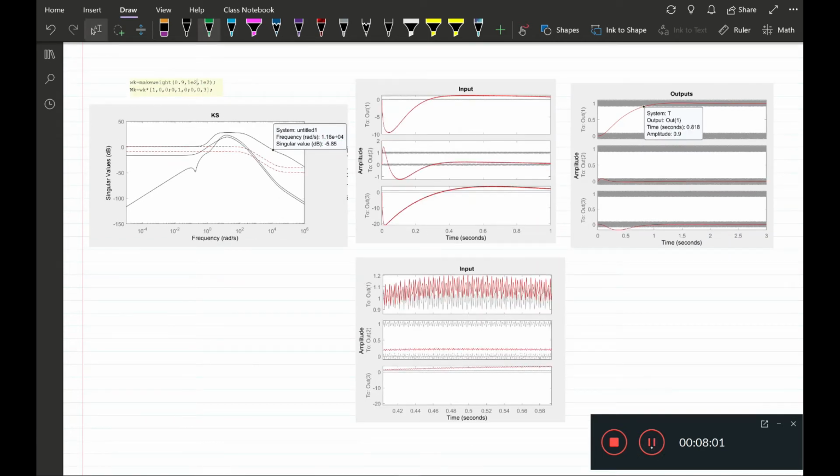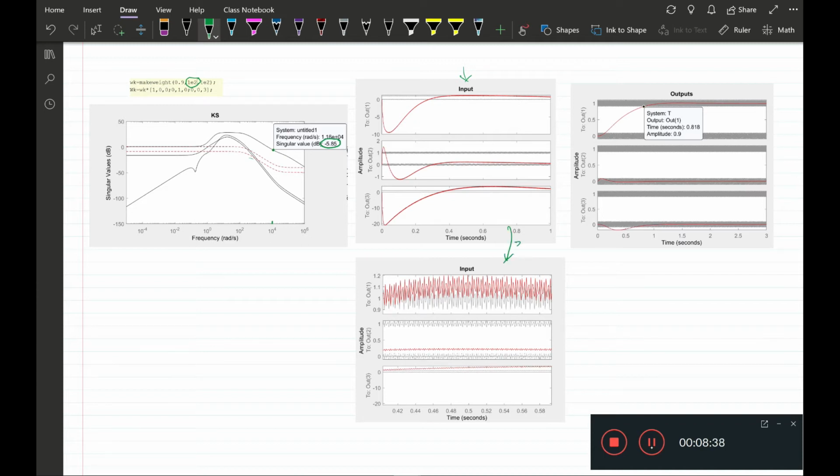Now this is the second iteration with a reduced roll off that you see here, and you can see that already in this design at 10 to the 4 radians per second the singular value is less than 0 dB, so at least we don't have an amplification of noise, and this can be seen in the time domain plots here, where we see that the input is oscillating with a much smaller amplitude than before.